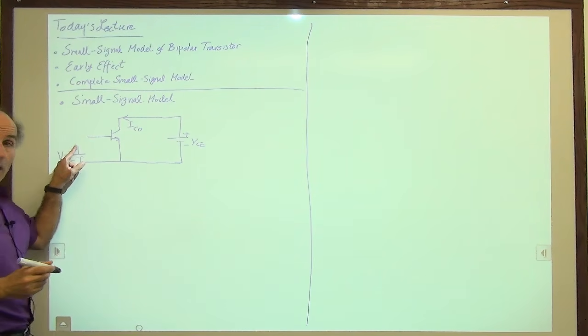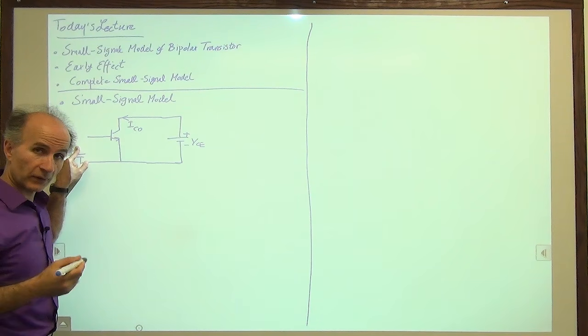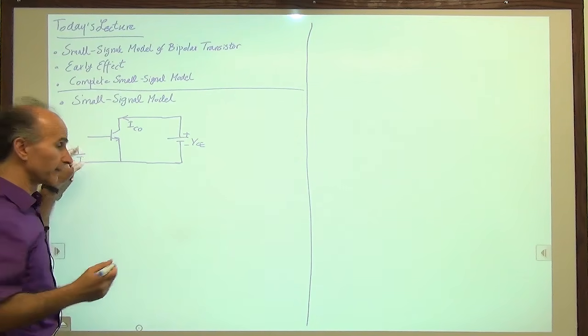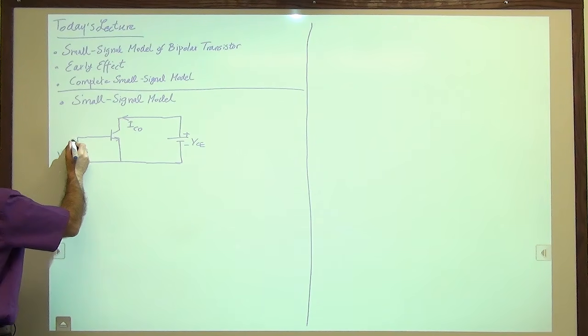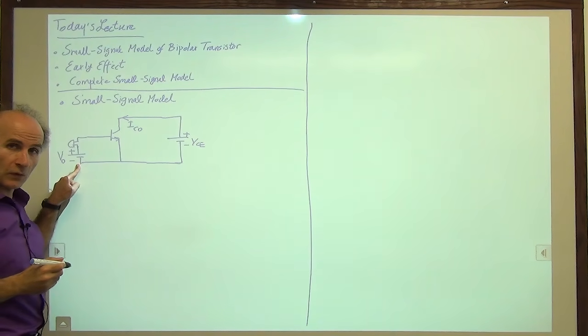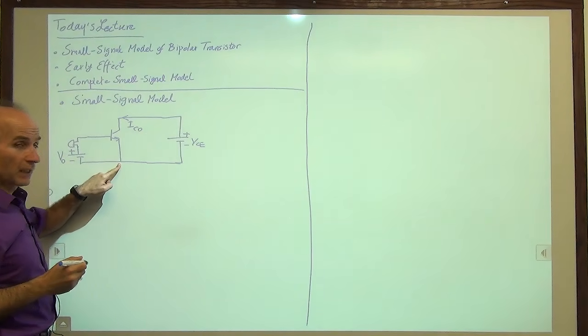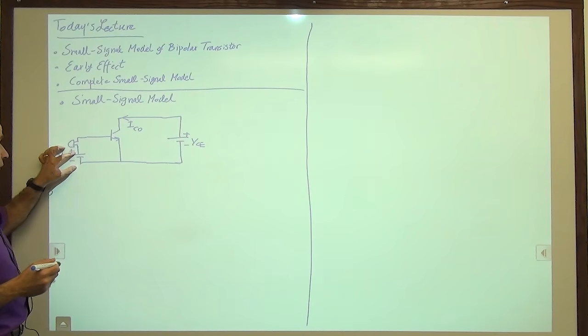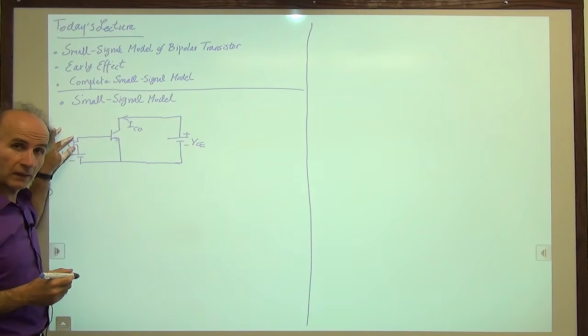All right, now I would like to apply a signal to this circuit, a microphone signal. So here's a microphone signal that goes in series with the bias voltage, so that the base emitter voltage is now the bias voltage plus the microphone signal.